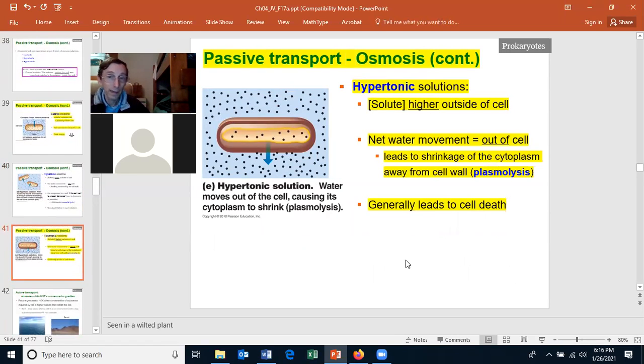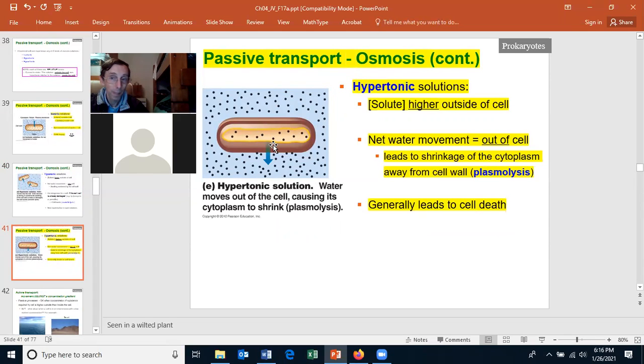And then the last one, hypertonic solutions, the solute concentration outside the cell is higher than inside the cell. The water will then leave the cell, moving out of the cell, and that will cause shrinkage of the cell. The cytoplasm will decrease in size.